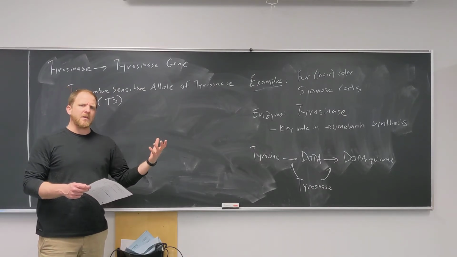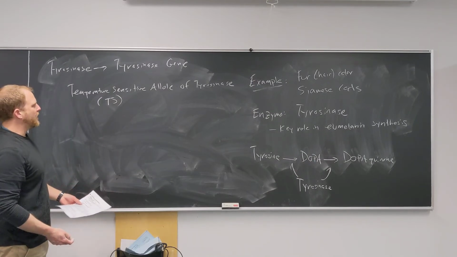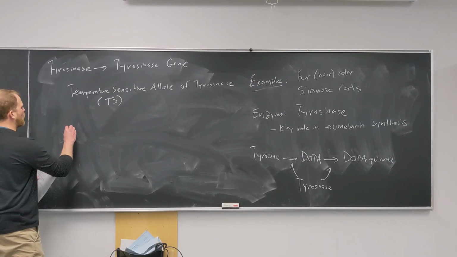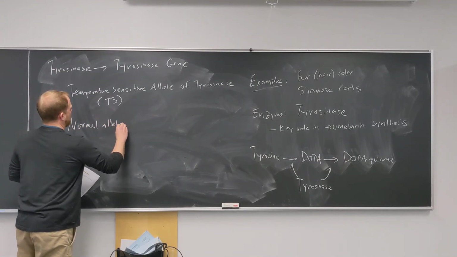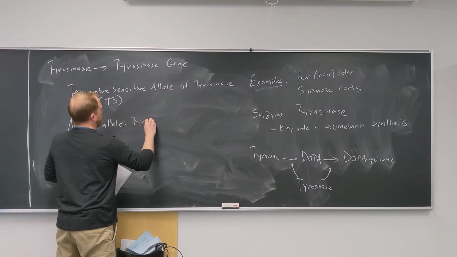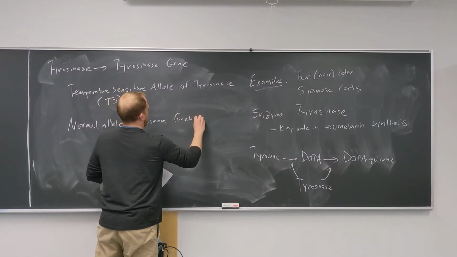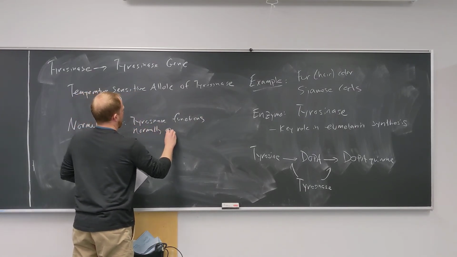I'm not quite sure the whole amount of genetic variability here. But it turns out that with the normal allele, you would expect tyrosinase functions normally at all temperatures.